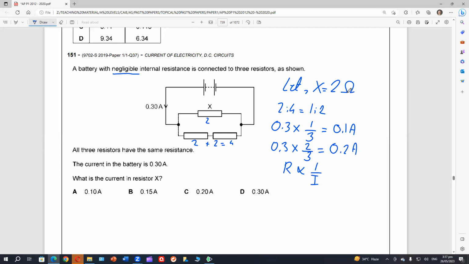We have both the currents, 0.1 ampere and 0.2 ampere. So 0.1 will be across X.